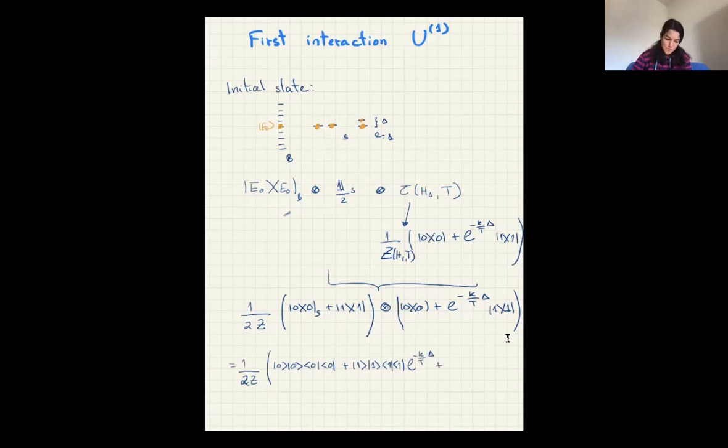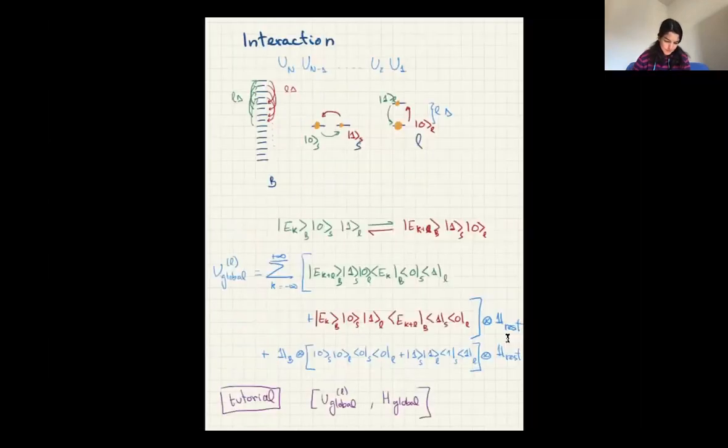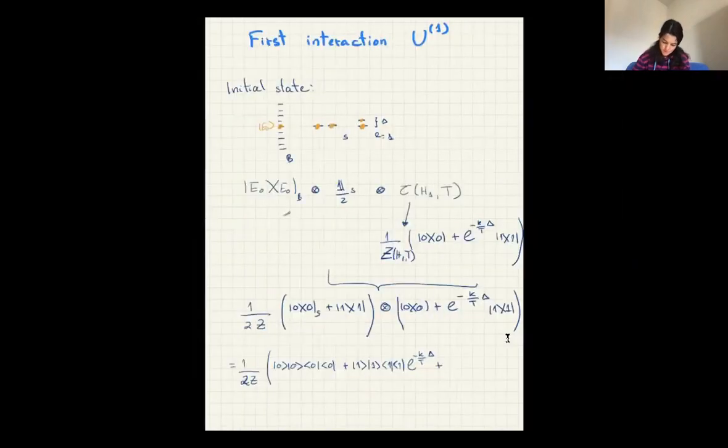So what was the red one? The red is kind of what we want. That's 1, 0. One, 0 is this and this. It has no coefficient there, plus the 0, 1.